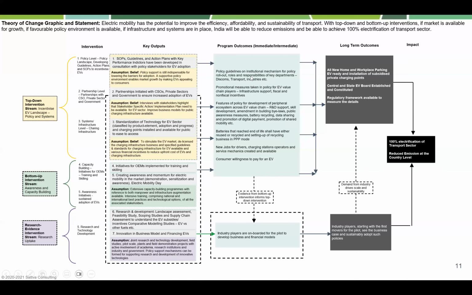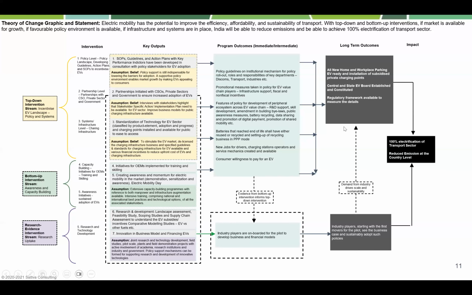Even if you have a policy, government agreed, and government divided the distribution of work and came up with the rules and responsibility guidelines, as a long term outcome I thought we should put in place that all new home and workplace parking are EV ready. Second, now that you have a policy, maybe the state and central governments come up with an EV board, an electric vehicle board, established and constituted.